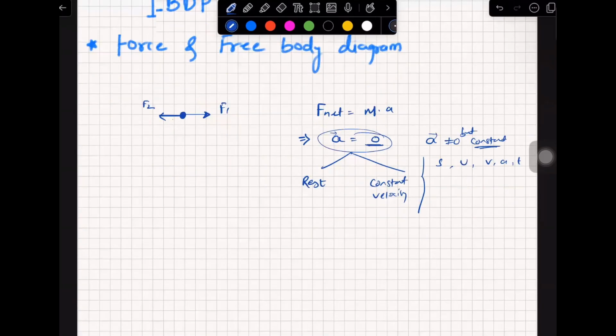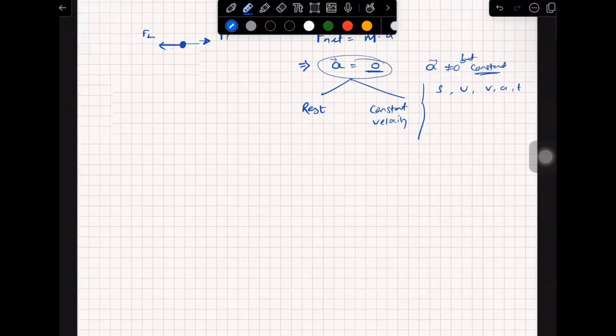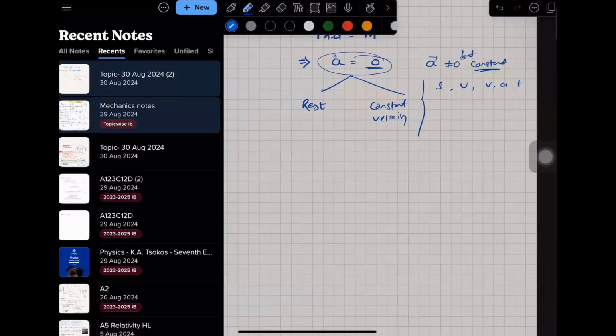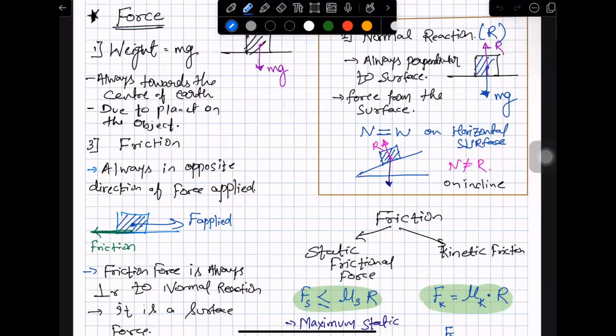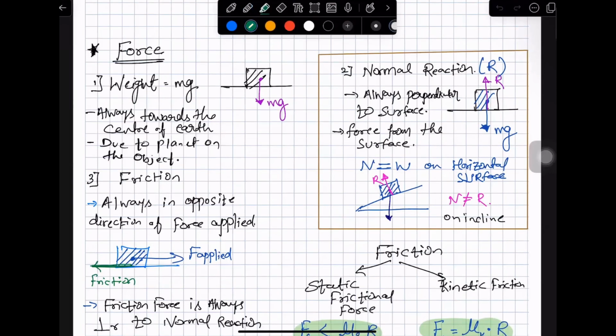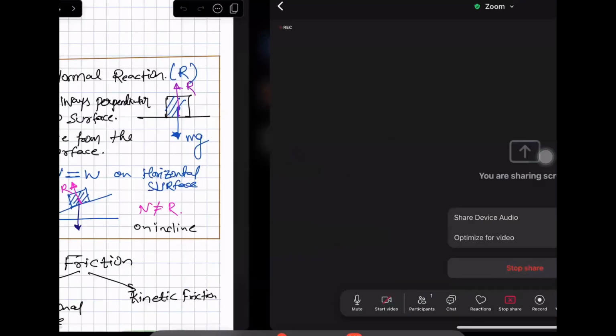In order to study the different types of forces, in dynamics we have seven kinds, which are weight, normal reaction, friction, tension, and others. We'll see the list of it. So how do we study these forces?